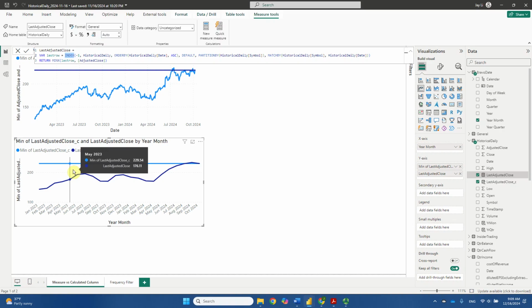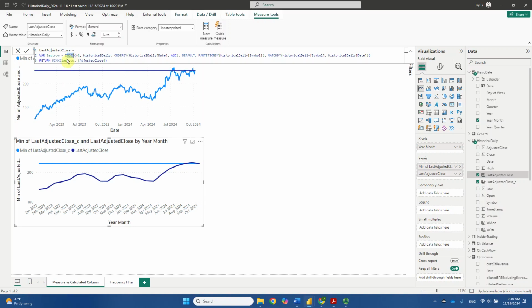Next, when we move to the next month, June 2023, again, this particular time period on the x-axis is going to work as a filter context. So in this case, this visual is going to use the index function to process the historical daily data set. However, before it processes this data set, the filter context is going to be applied on this data first. So now Power BI is only looking at June 2023 in historical daily data, and the index function is going to retrieve the last trading day for June 2023 related to Apple.